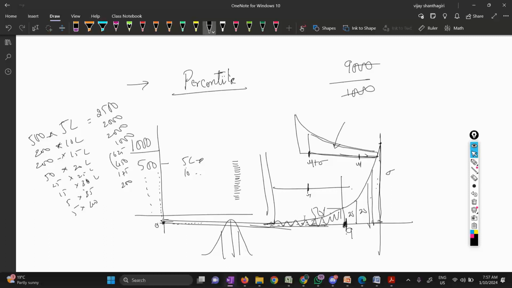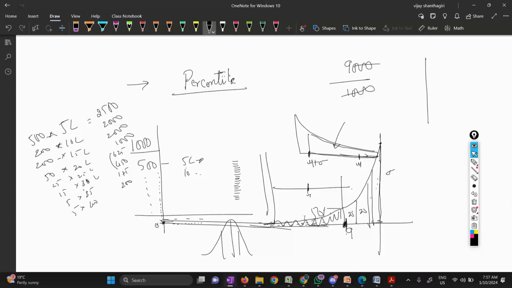But for PDF, we have to compute mu and sigma, right? Basis mu and sigma, we'll be plotting the curve. If we go with the salary, I agree that this would be the curve. But if we do PDF for this, maybe more or less it will be like a normal distribution, not exactly a normal curve.